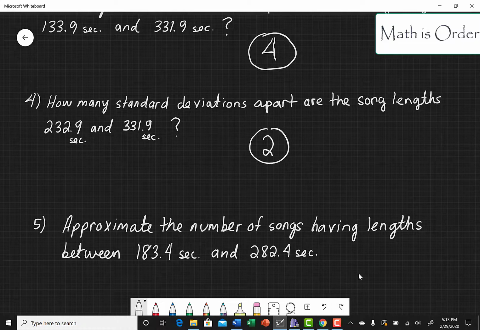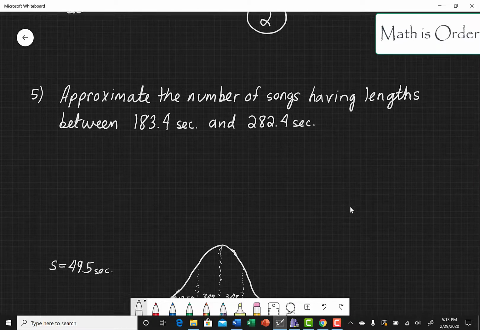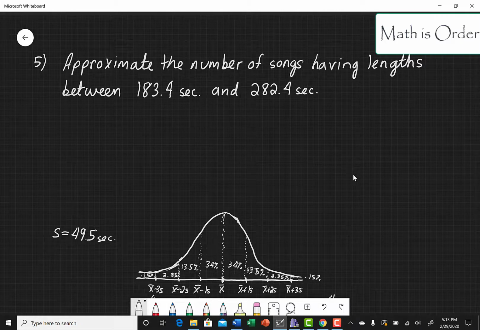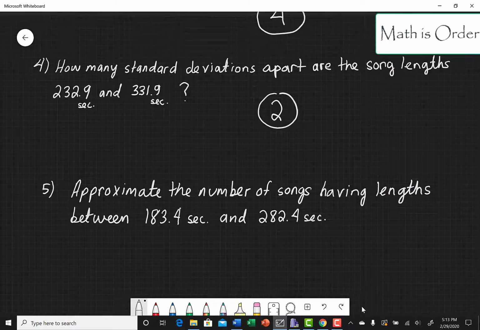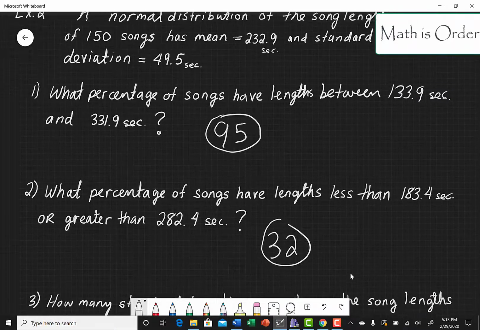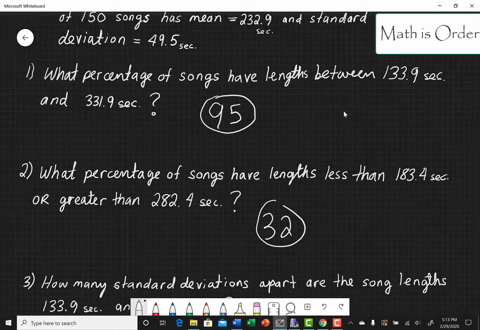Last question. Approximate the number of songs having lengths between 183.4 seconds and 282.4 seconds. Altogether, there were how many songs? We're going to need to know that. Altogether, there were 150 songs.